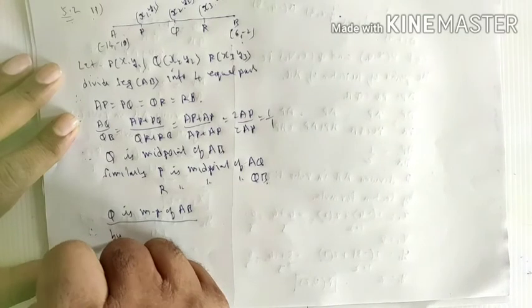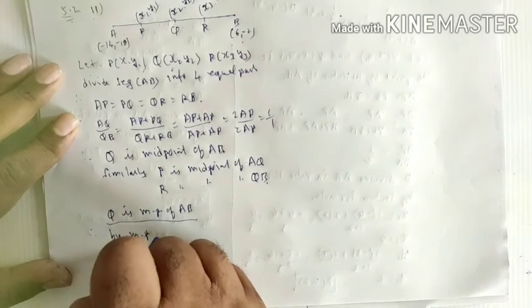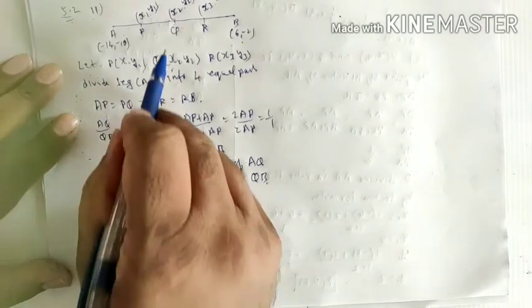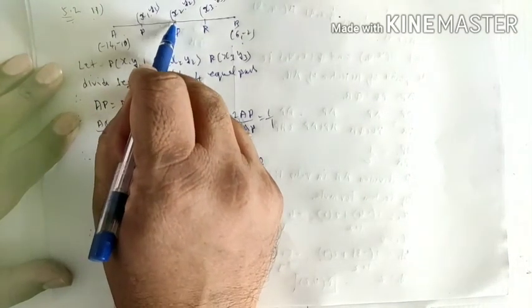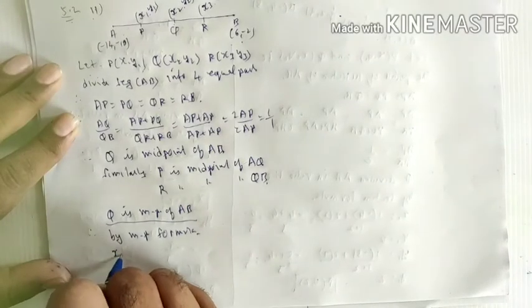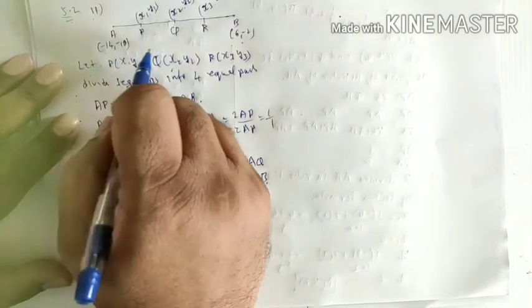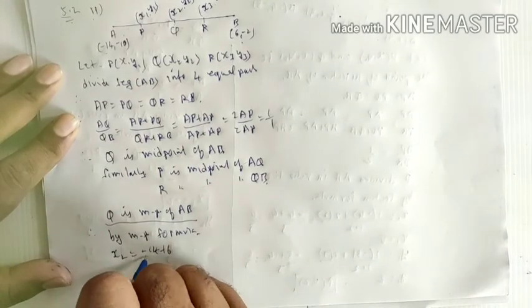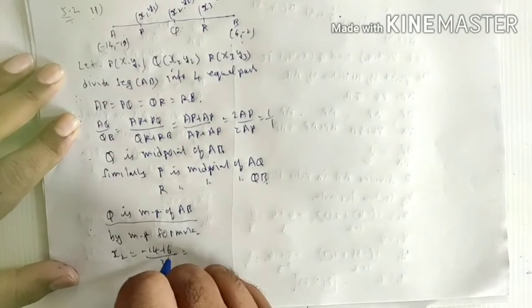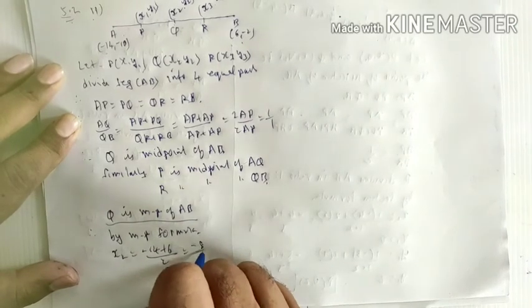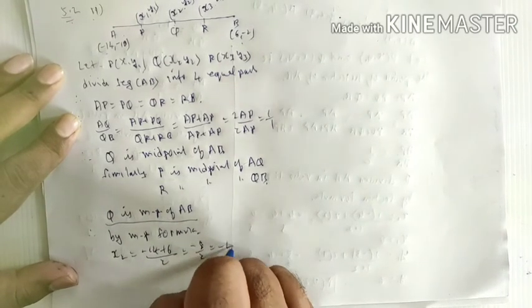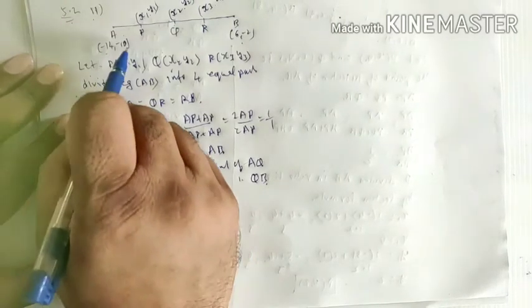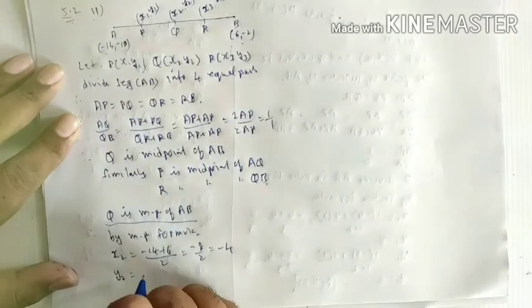Therefore, by midpoint formula, x2 is equal to minus 14 plus 6 upon 2. Minus 14 plus 6 means minus 8 upon 2, which is equal to minus 4, and y2 is equal to minus 10 minus 2 upon 2.